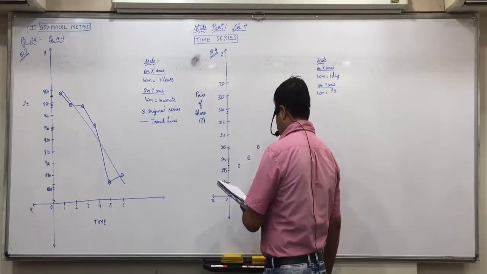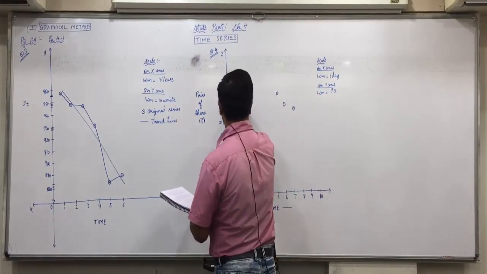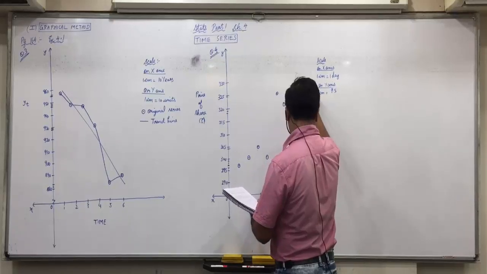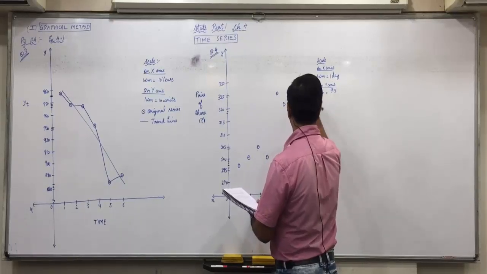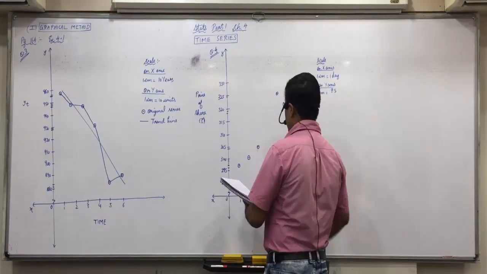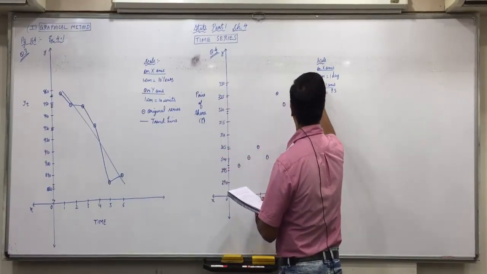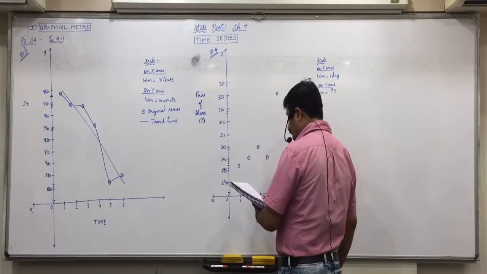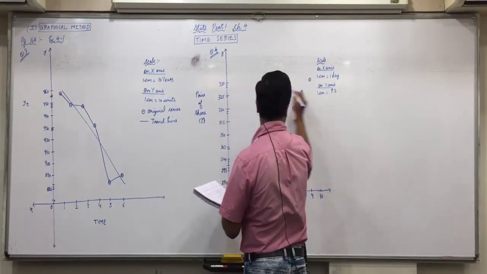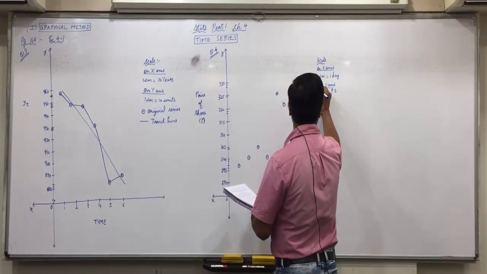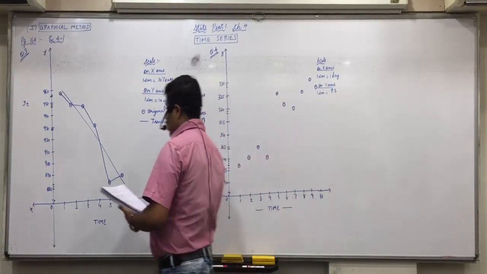Then 324 on day 8. Below 325, we already marked 324, same place. Then 329, so one value below 330 will be 329 on day 9. And 328 means again one value below, on day 10. Do you all get this?